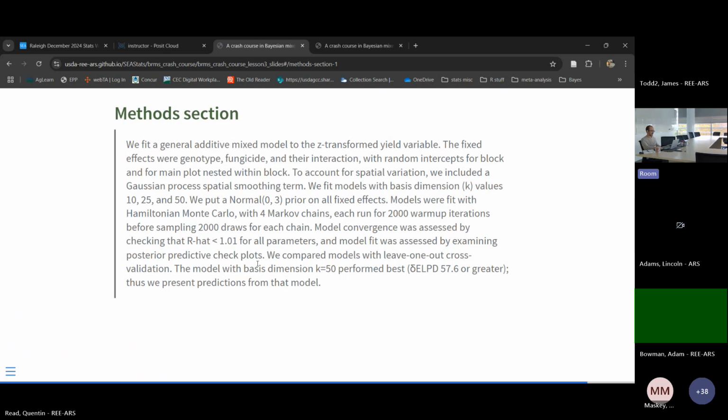And since the comparison of the different models, the model without spatial variation, the spatial additive term, and the different spline basis dimensions that we compared, is more of a technical model fitting thing and not really part of the results, I would just stick it in the methods.